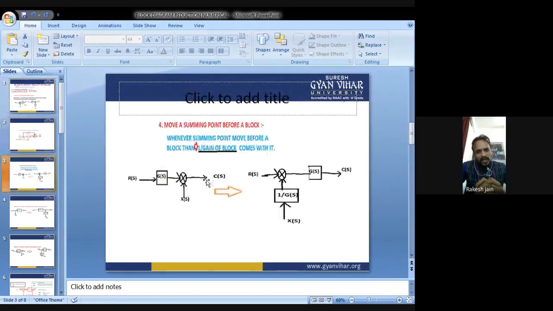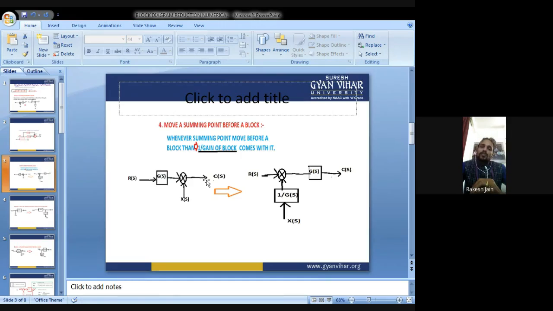Similarly, if we wish to move the summing junction just before a block, let's suppose in this diagram Rs is my input, Cs is output, and Gs is the gain of the block, and I wish to move the summing junction which has one more input of Xs just before that block, then I can easily move. The rule says: what was the gain of that block before which you wish to move the summing junction?